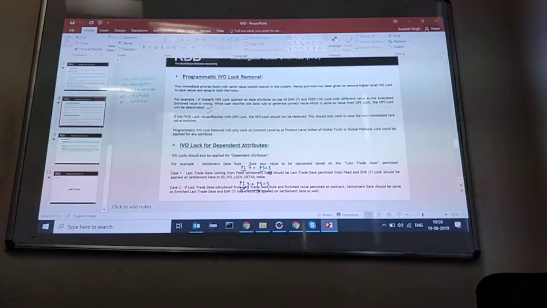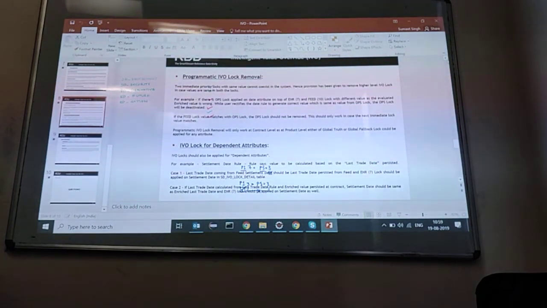Why immediate logs? If you see, there are not too many logs in the system. At contract level, also enrichment, feed, and ops. These three logs can directly get applied. If system generated logs are there at contract level, if enrichment is there, then the fallback will not be there.